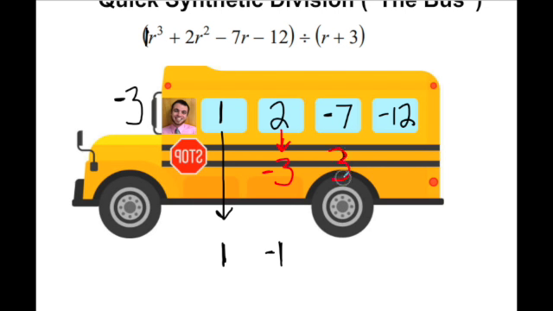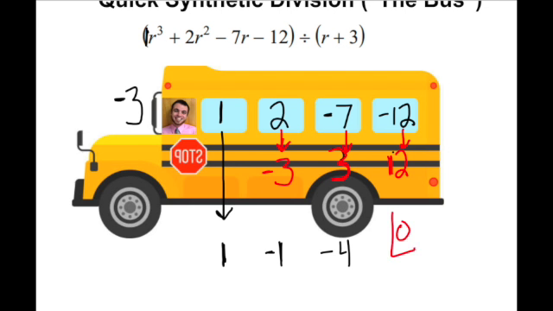Then -7 plus 3 is -4. I take -4 times -3 and get +12. I add through, and I'm left with 0.